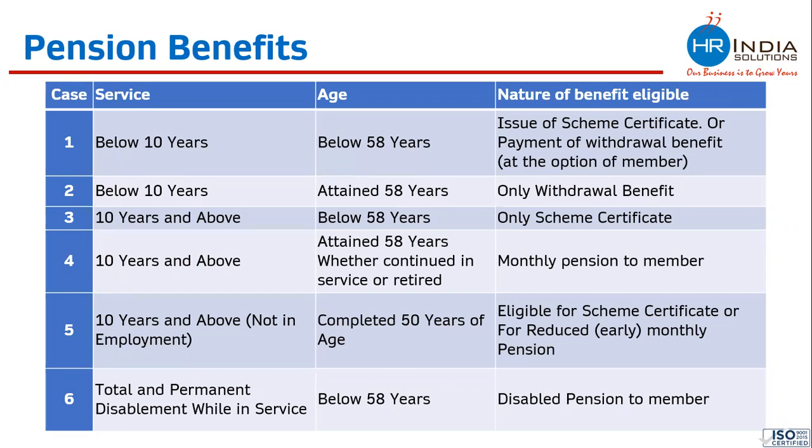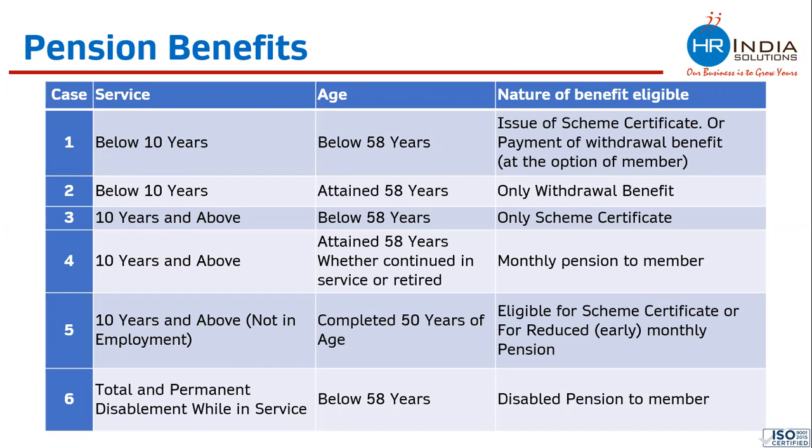Yeah, it's clear. And the third case can be where the person has contributed for 10 years and above, but the age is below 58 years. In that case, the person can take this scheme certificate.